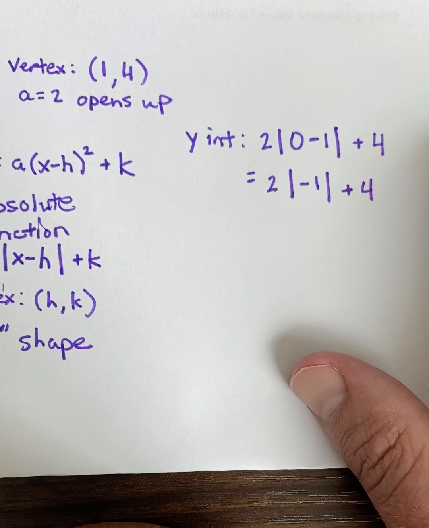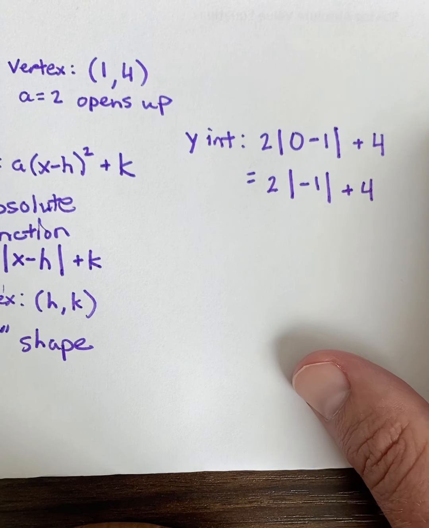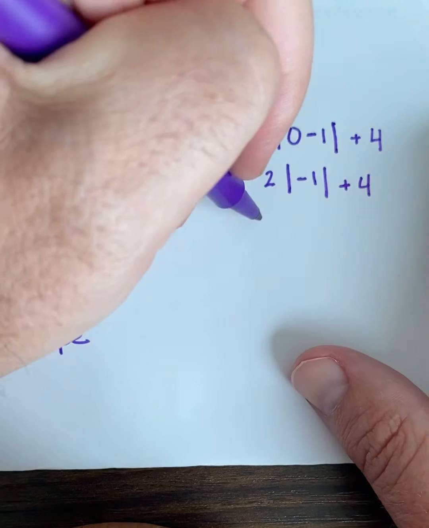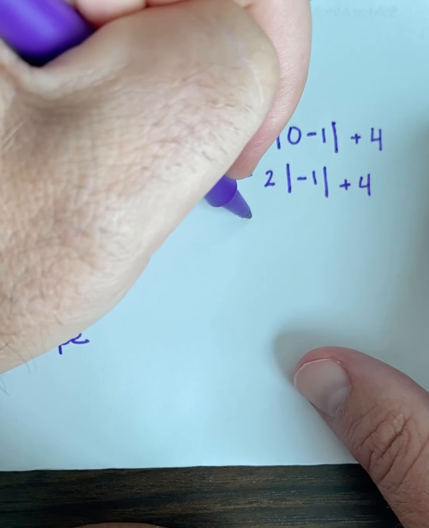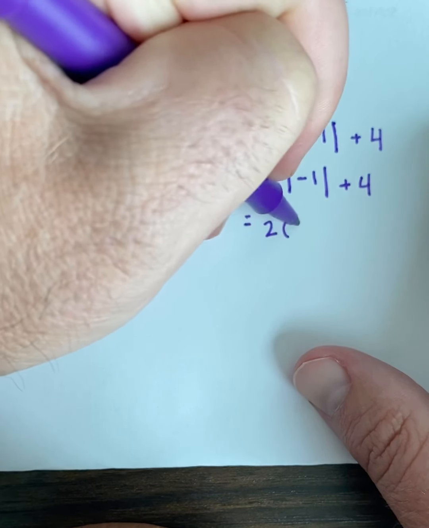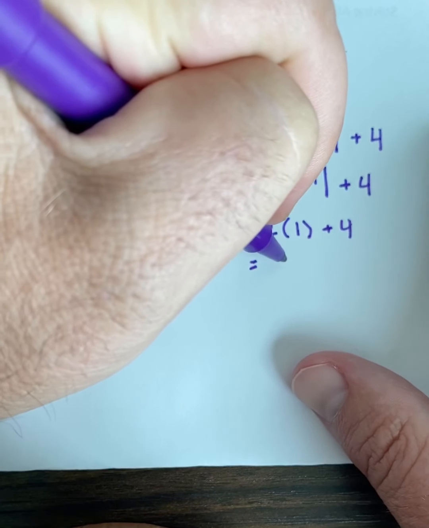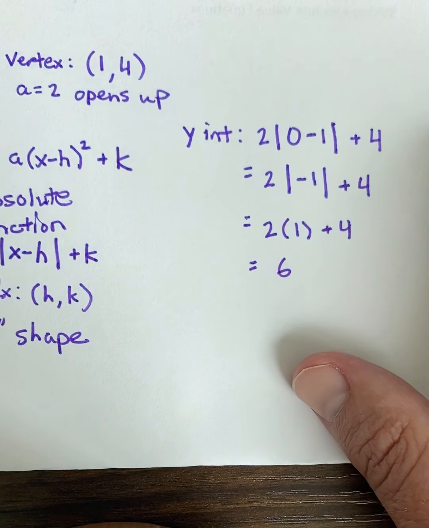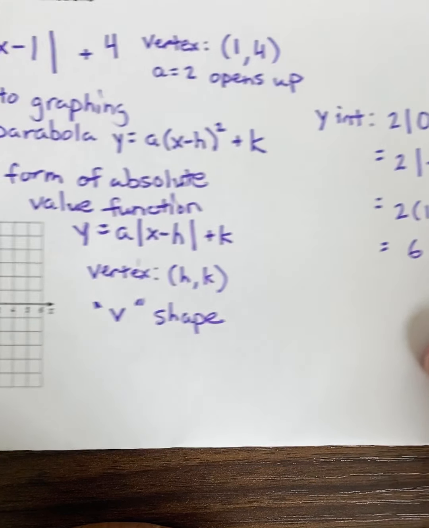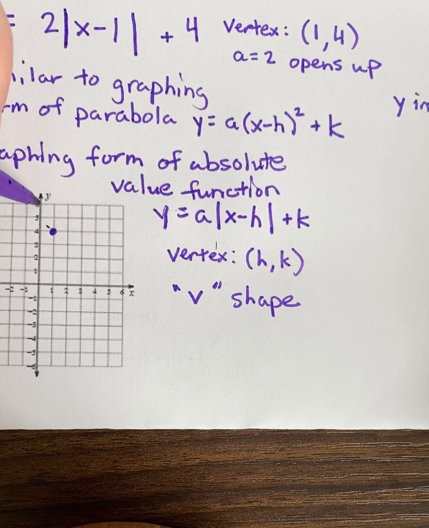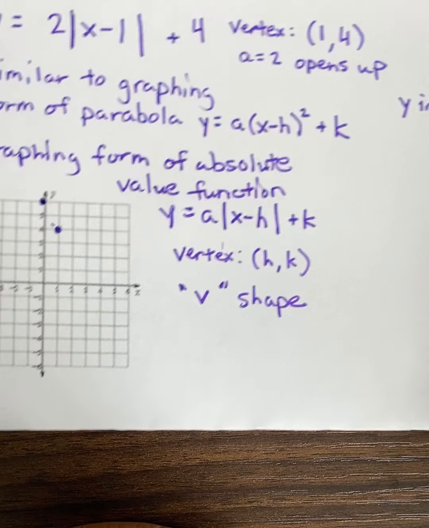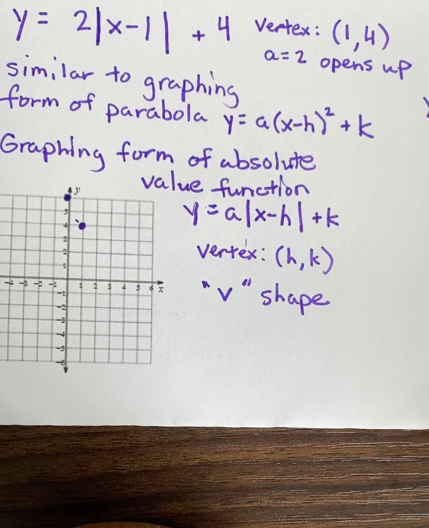The absolute value of negative 1, remember the absolute value sign makes any number positive. So it's going to be 2 times 1 plus 4, which gives us 6. So the y-intercept is 6. On the y-axis, it's going to cross right here, at the point 0, 6.